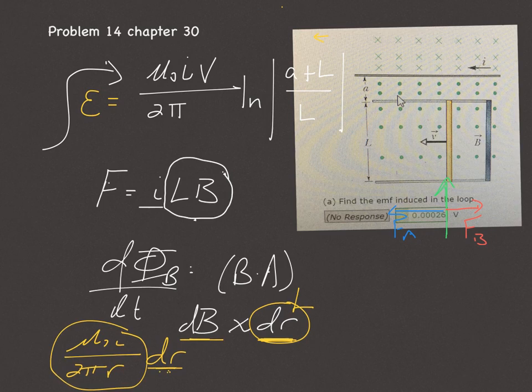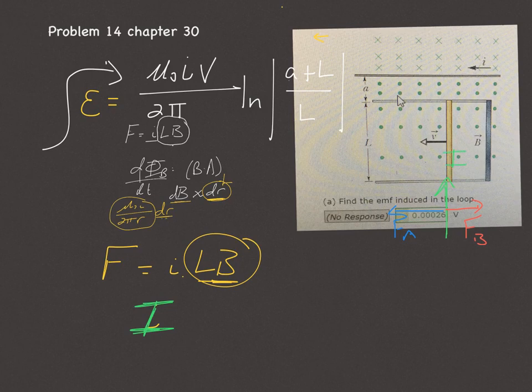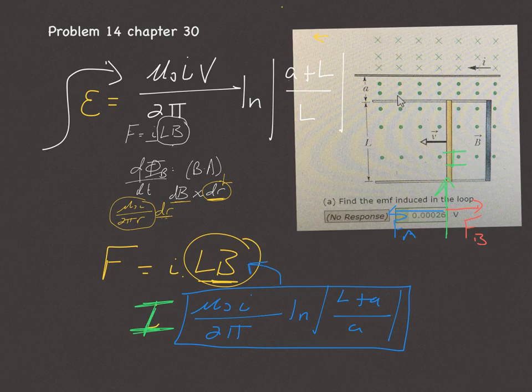Let me move some of this. All right, so in F equals ILB, we already solved for LB, and the current will be capital I. And then we had mu naught I over 2 pi times the ln of (L plus A) over A, and that is the magnetic field times the length.